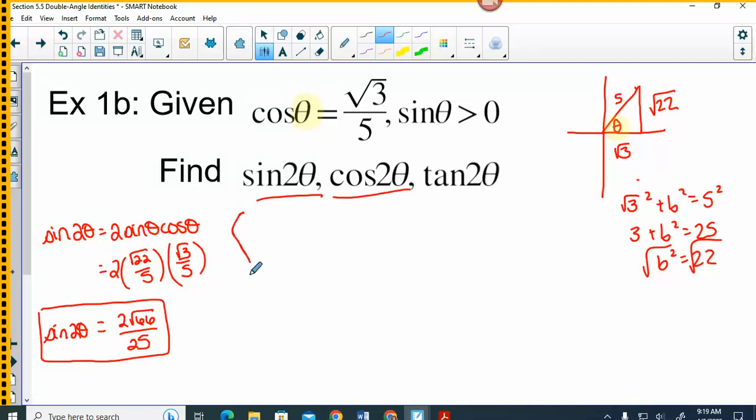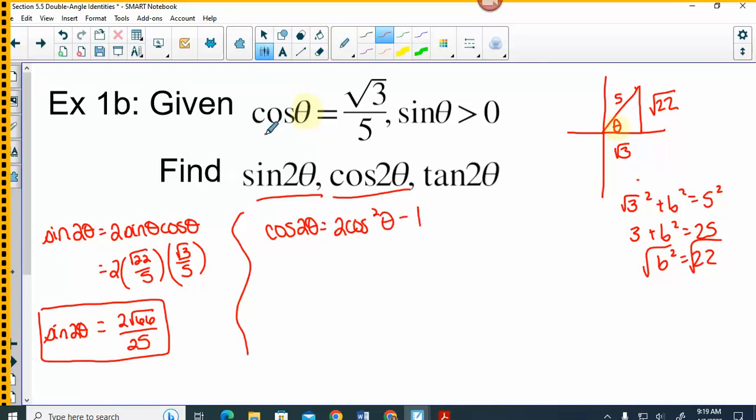Now cosine 2 theta. 3 formula choices. Any of them will give you the same answer. I'm going to do a different one than last time. So I'll do 2 cosine squared theta minus 1, just because I gave you cosine theta in the original problem. So cosine squared theta means you find cosine and square it. Cosine is radical 3 over 5.